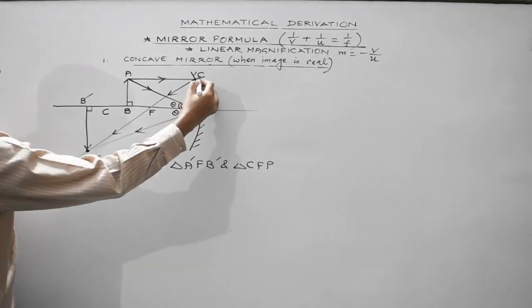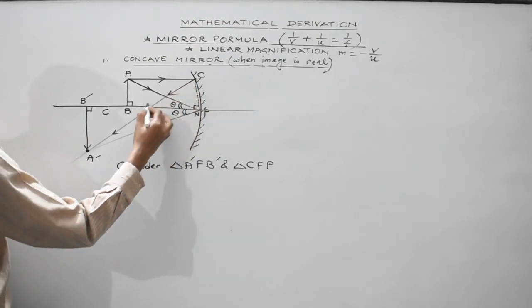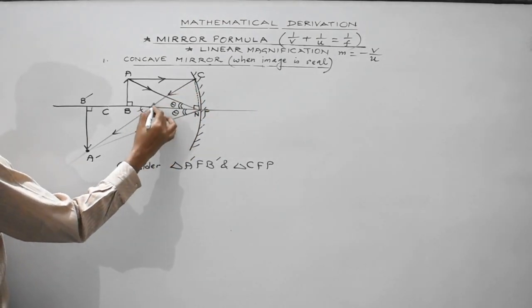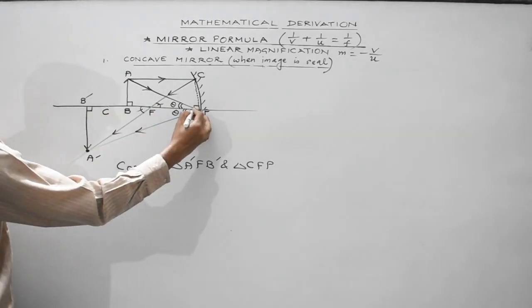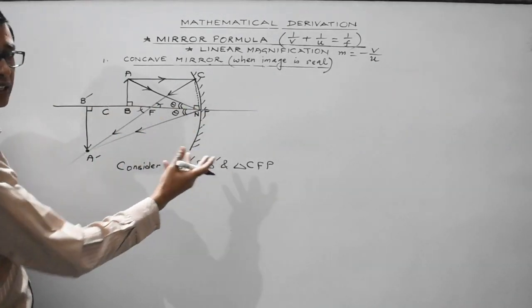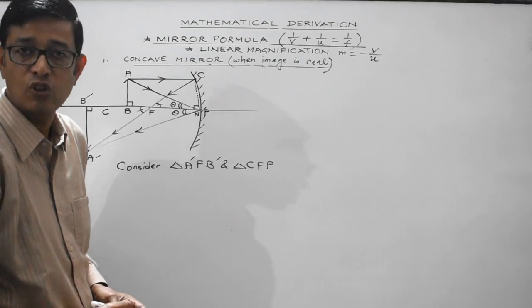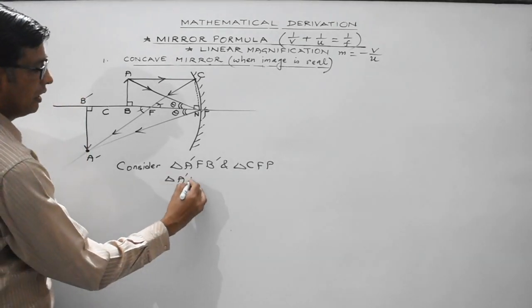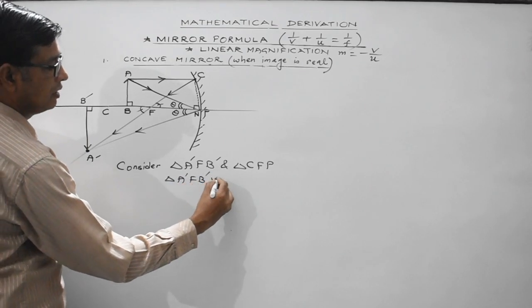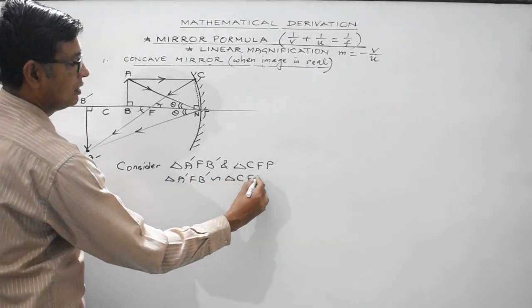Now look, this angle is equal to this angle, vertically opposite angles. This angle and this angle, each is 90 degrees. So these 2 triangles are similar by AA corollary, right? Triangle A dash F B dash is similar to triangle CFB.